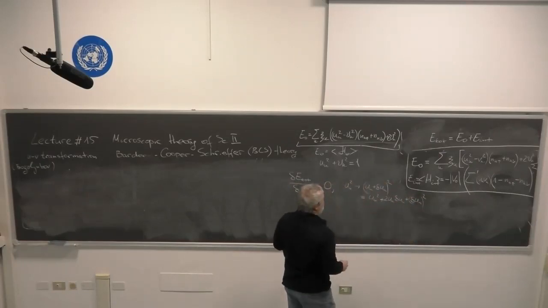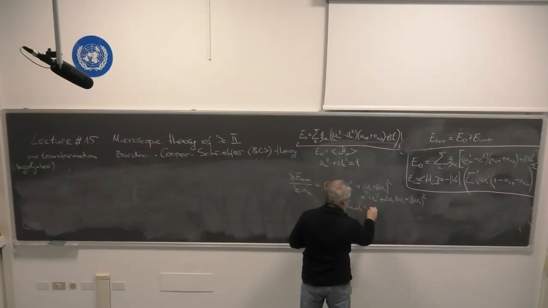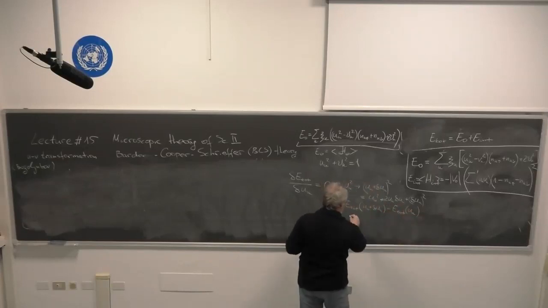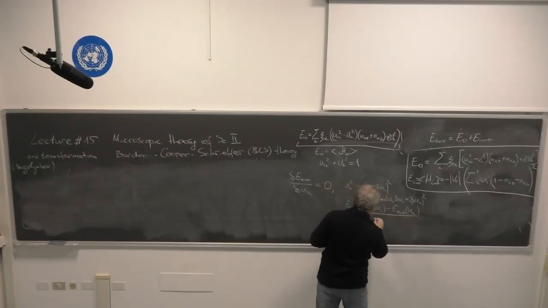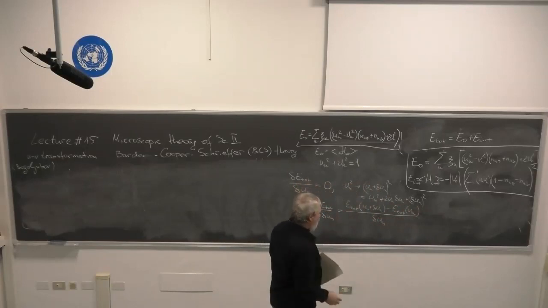And therefore, I compute energy total at UK plus delta UK. I subtract energy total at UK, and I divide it by delta UK. And this is precisely what is delta E total over delta UK.